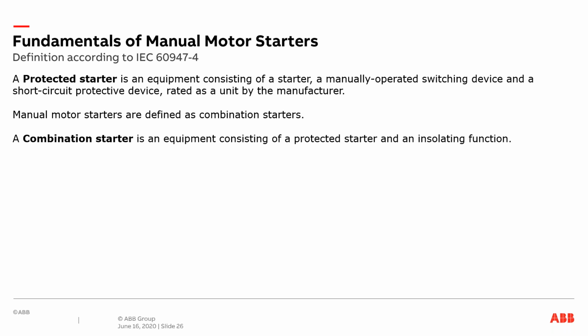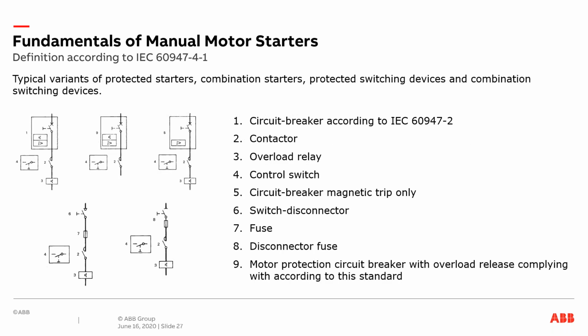A combination starter is an equipment consisting of a protected starter and an isolating function. So basically, it is a perfect solution if it's a standalone unit, then you can use a manual motor starter.